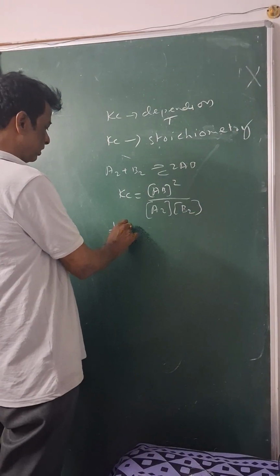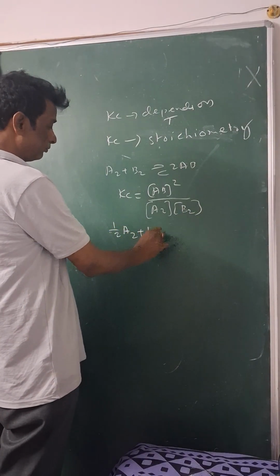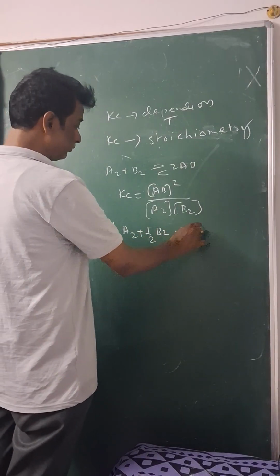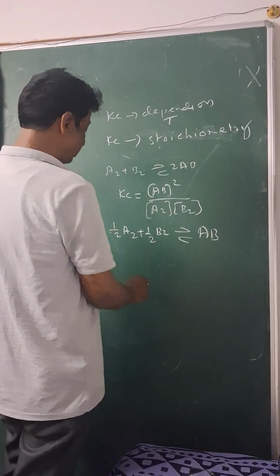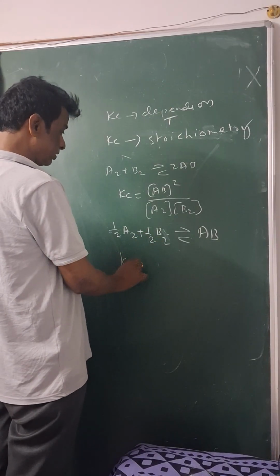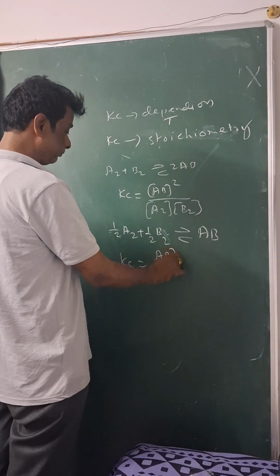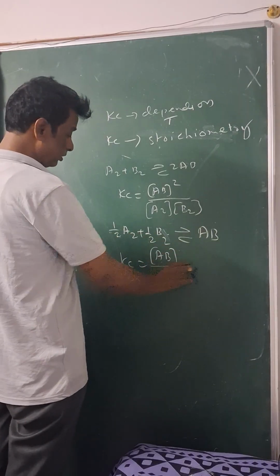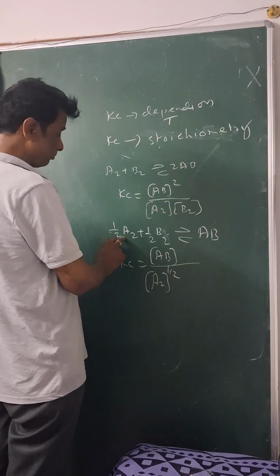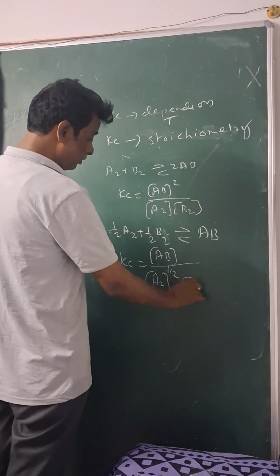Just I am changing stoichiometry. 1 by 2 mole, 1 by 2 mole, 1 mole. What is Kc? Concentration of AB, power is 1. Concentration of A2, power is 1 by 2. Moles are 1 by 2. B2 power 1 by 2.